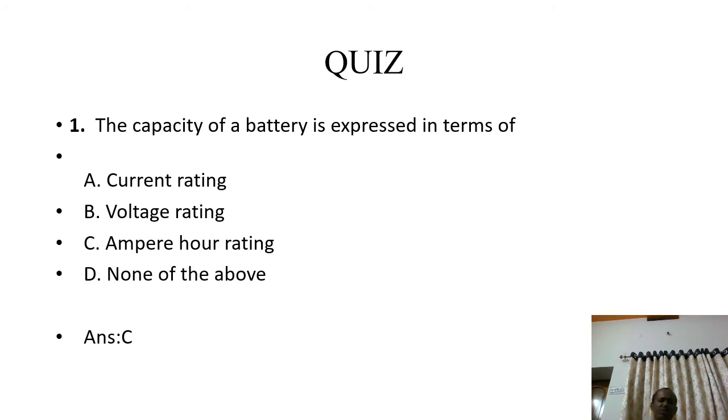Here, number one question: the capacity of a battery is expressed in terms of, I will read the options A, B, C, D. Answer this question. The capacity of a battery is expressed in terms of: A, current rating; B, voltage rating; C, ampere hour rating; D, none of the above. Which one is the correct answer? Can anyone give the answer?